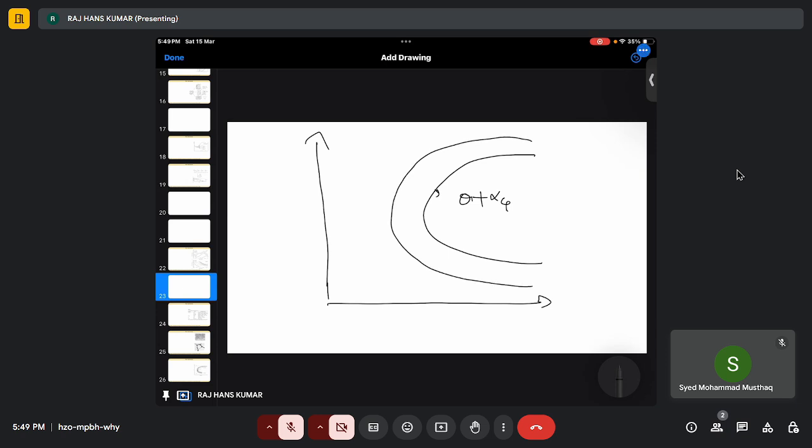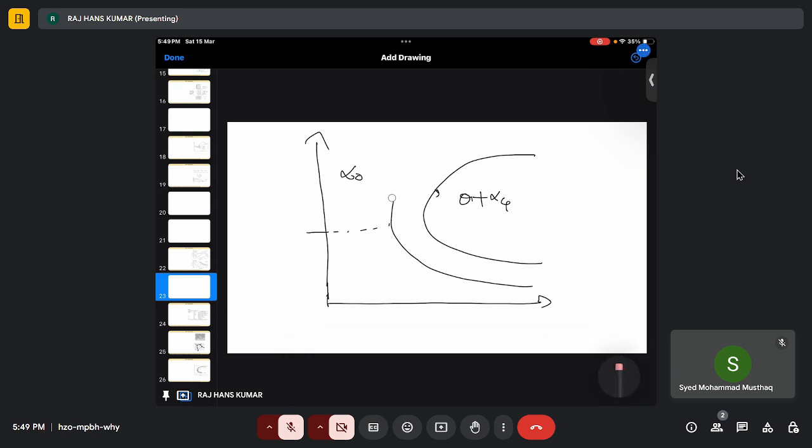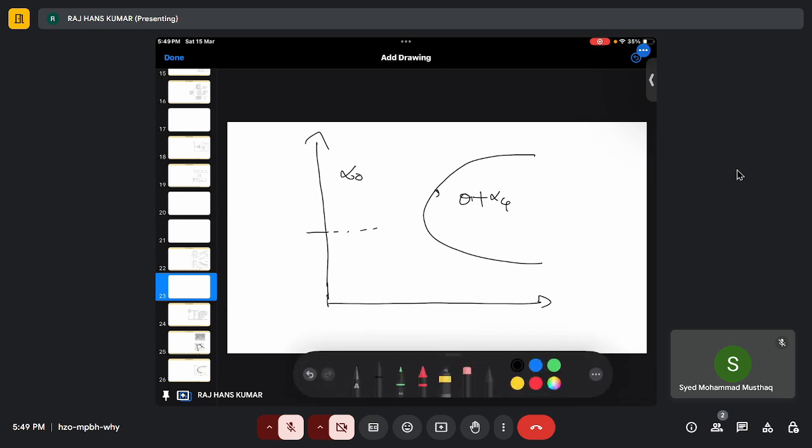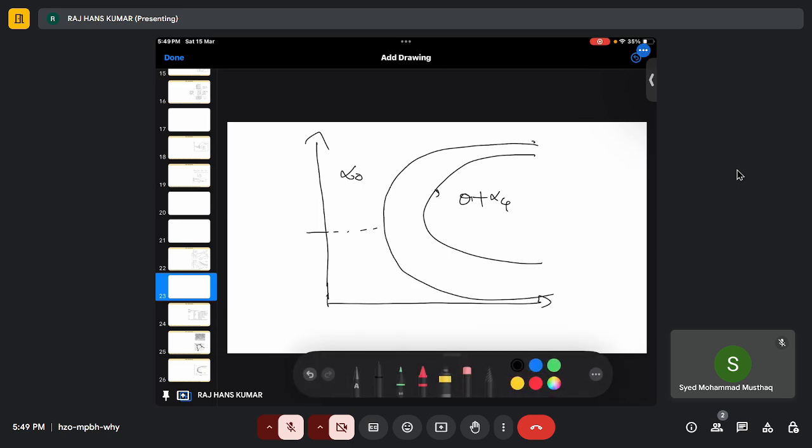This is my starting one, alpha naught. And at lower temperature regime, like below this nose part, you have first, let me erase this part and let me draw it bigger.